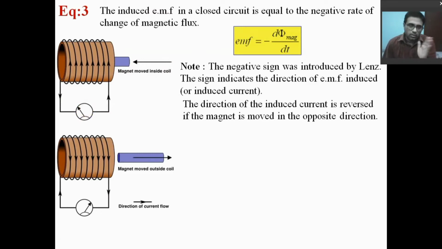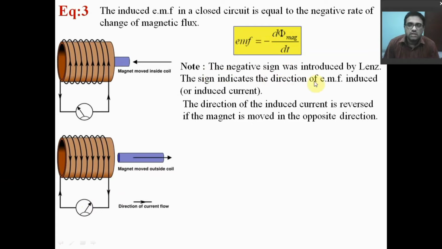When your magnet is not moving, there will be no deflection in the galvanometer, but when you move the magnet, there will be a deflection. If the magnet moves in the opposite direction, the induced current will be in the opposite direction also. So that's why there is this minus sign.